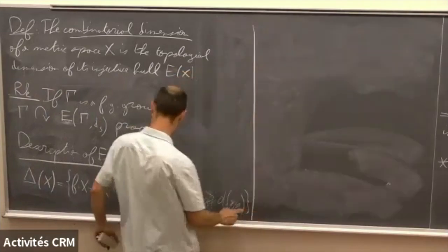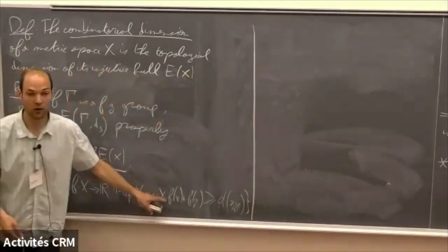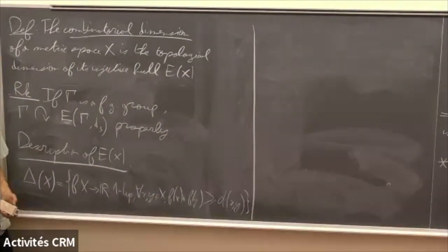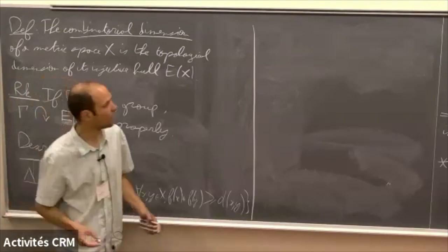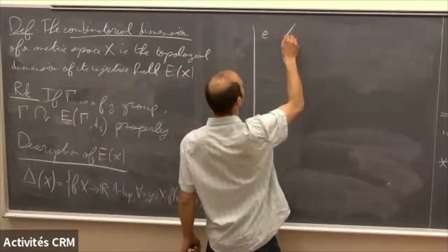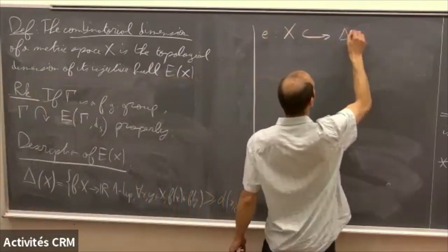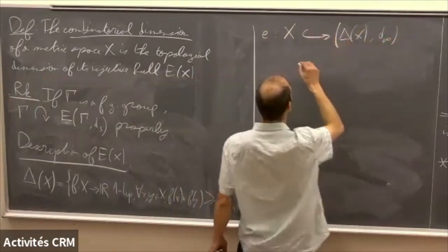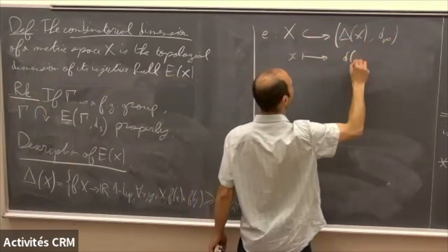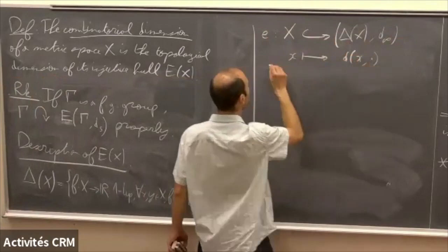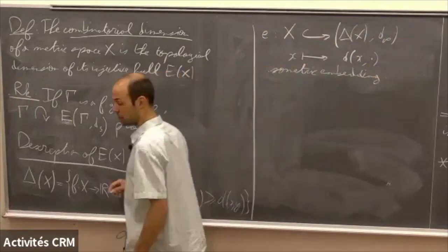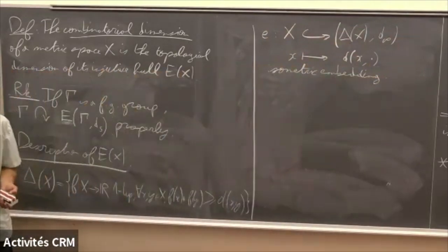This is the most interesting part, the triangle inequality for f as the distance from x to y. And you have an isometric embedding from X into the space Δ(X), which maps x to the distance to x. An isometric embedding. As we will see, Δ(X) is injective, but it's not minimal.